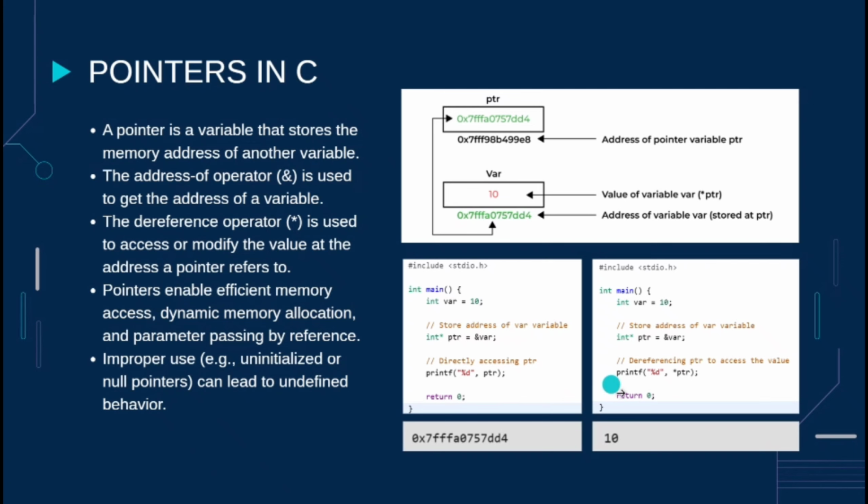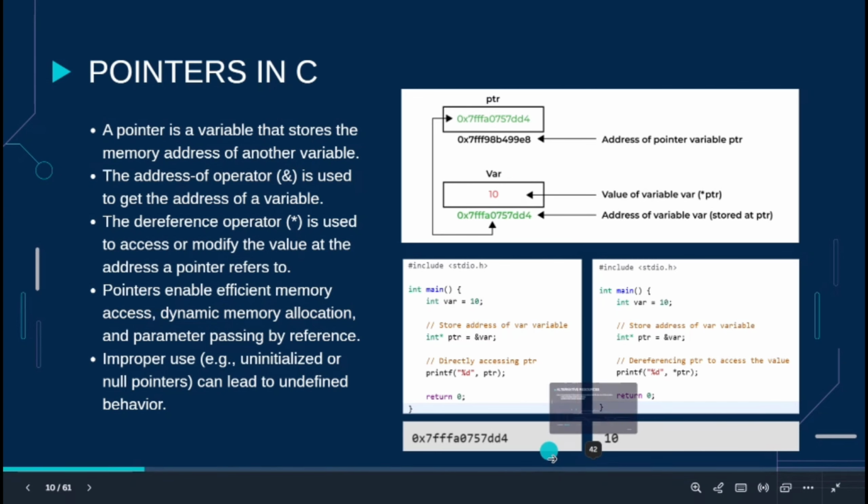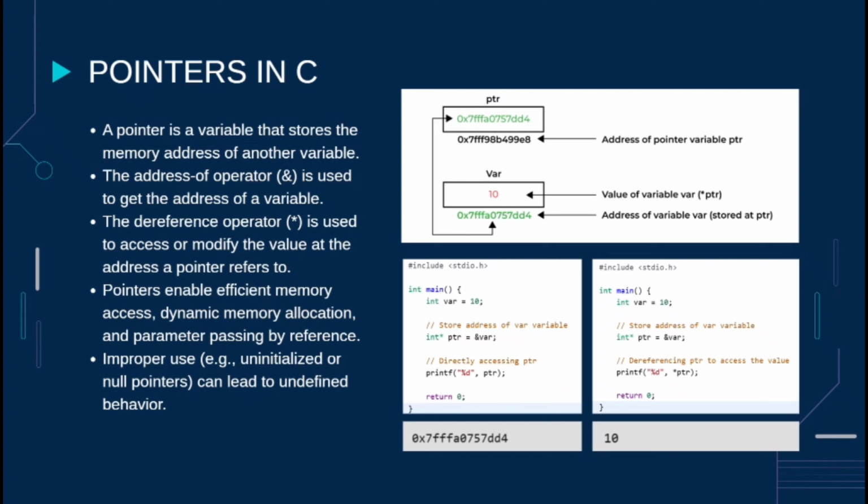So similarly, if you try printing star PTR, the pointer basically goes to that address pointed by it. It does not print this address, but accesses the value that is being stored in that address, which in our case is 10. So these are the two differences that is really important to understand.